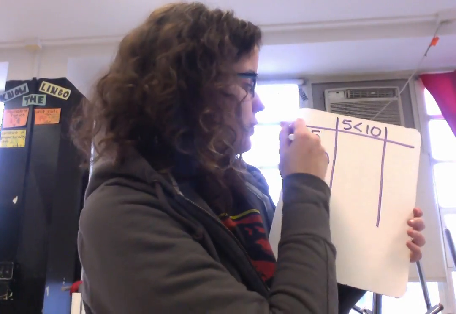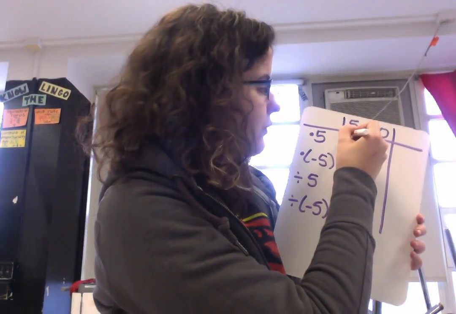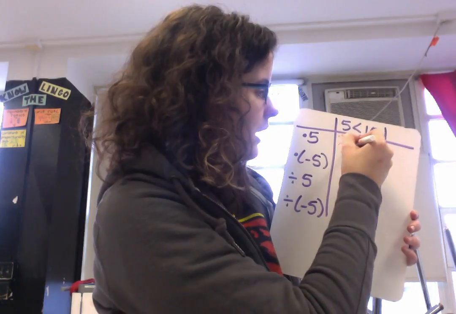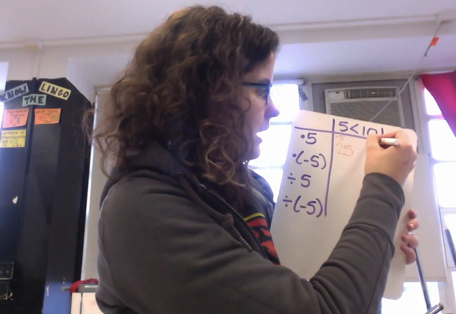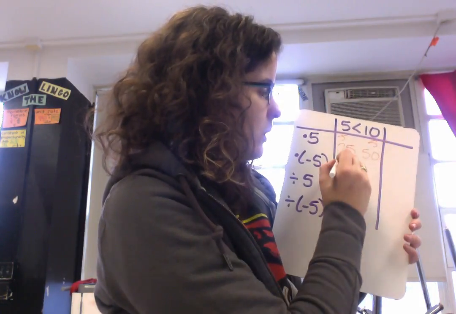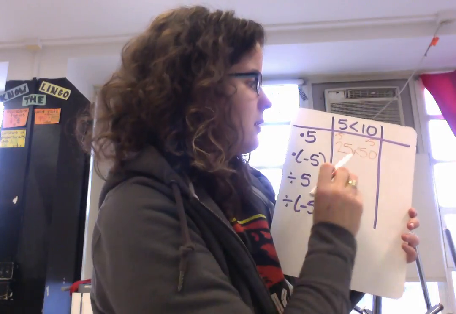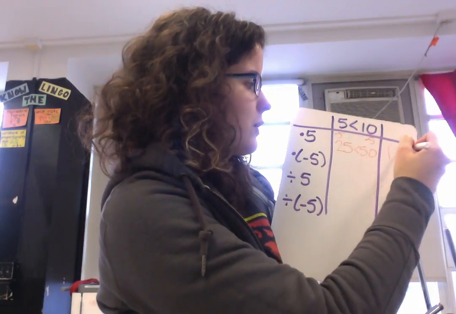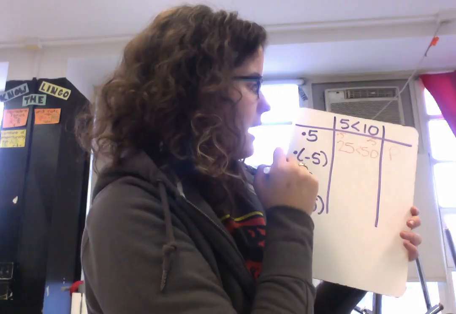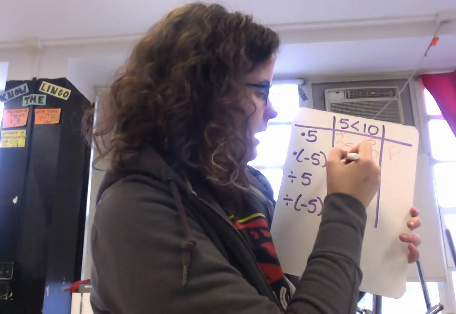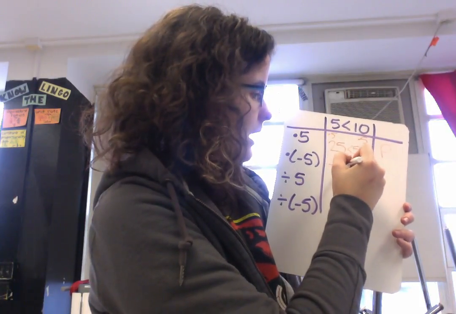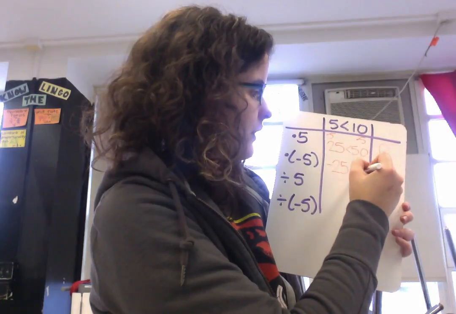What if you start multiplying? If I do 5 times 5, I'm going to have 25, and if I do 10 times 5, I'm going to have 50. Is 25 less than 50? Yes. So that inequality remains preserved. If I do multiplication by negative 5, now I would have negative 25 compared to negative 50.